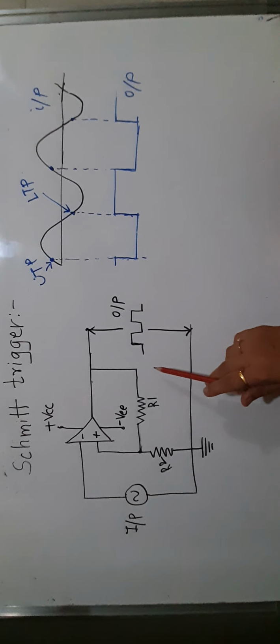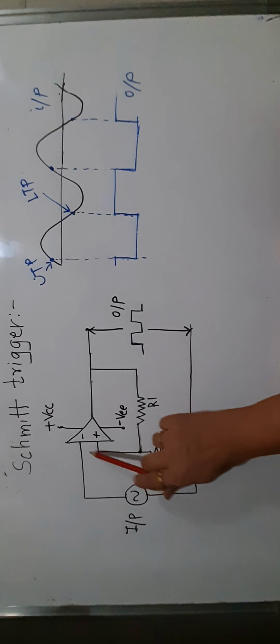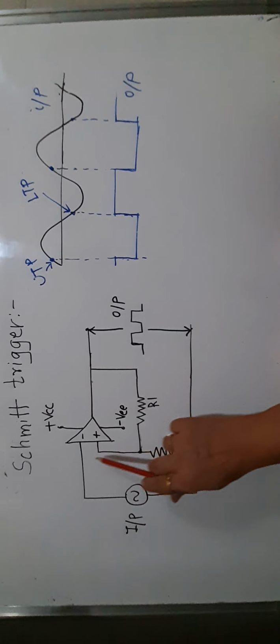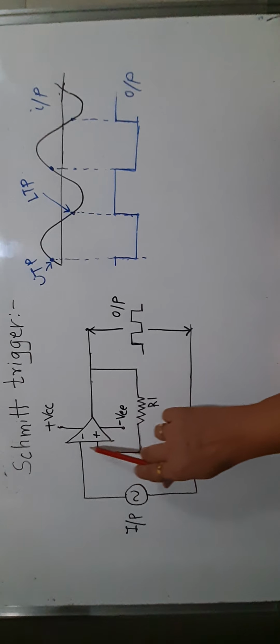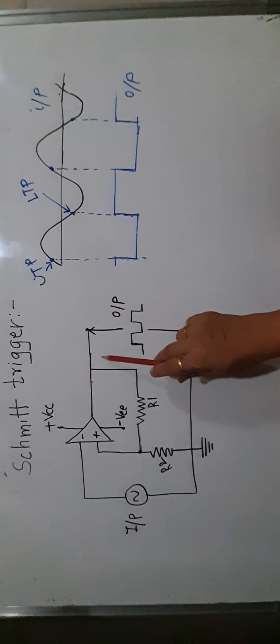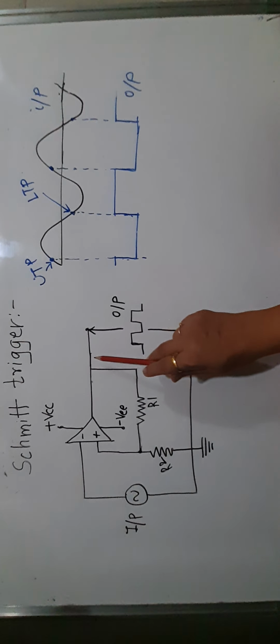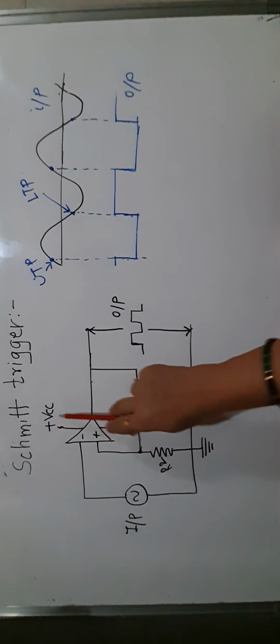If you remember how a comparator works, it compares two input voltages, and according to the voltage present at a particular terminal, the output will be either plus Vsat or minus Vsat. Sat means saturation voltage, and saturation voltage totally depends upon the supply voltage.